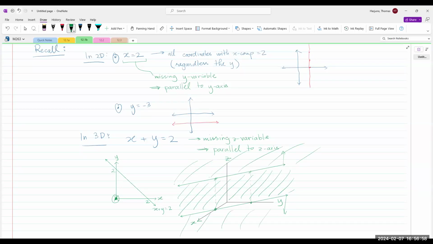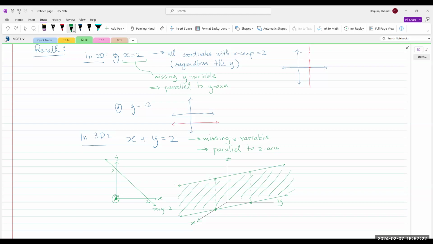But I only sketched part of that plane for us to be able to visualize that. Now, can you see that this plane here is actually parallel to the z-axis?